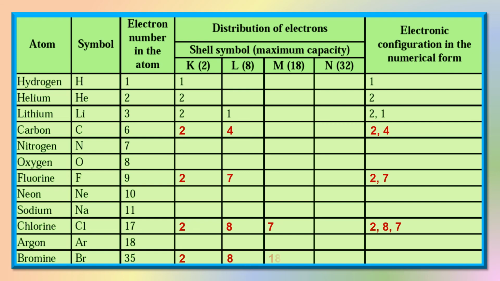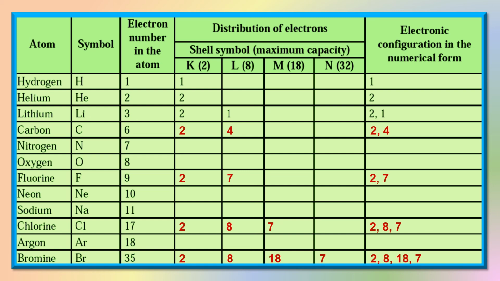And the last one that I am going to do with you is bromine, which has 35 electrons in the atom. So the first shell is completed having 2 electrons. Then we have the L shell also completed, which has 8 electrons. Coming to M, the maximum capacity is 18.